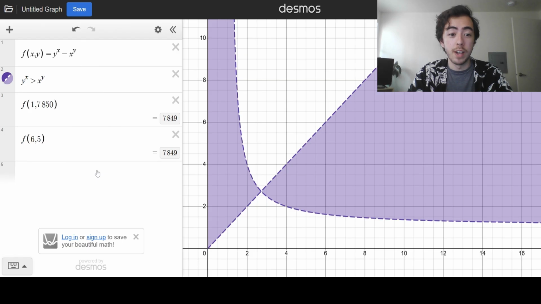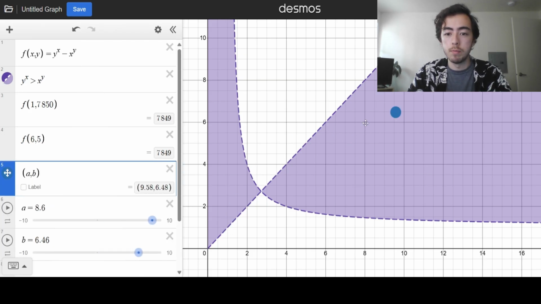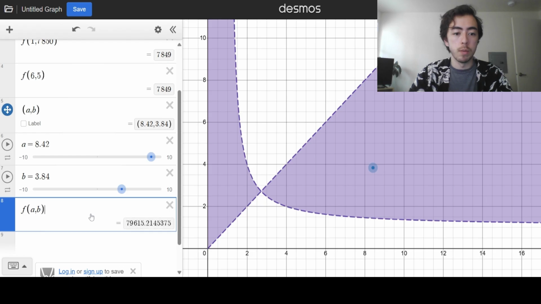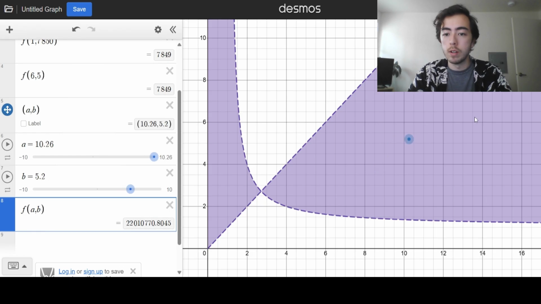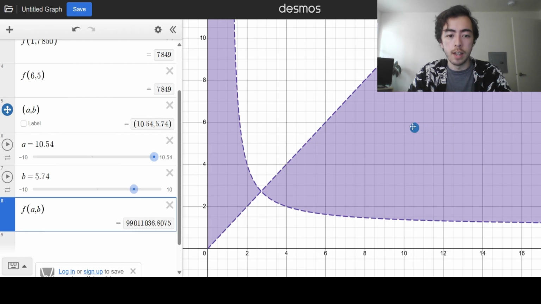So what we could do is actually keep using Desmos to help us guess and check. Desmos helps by putting a point on the graph, and any one of these points we can plug into our function, a comma b. And so as you can see in that corner right here, we can see the value change as I move the point around. So it looks like any number in this C in the middle is just going to be way too big. And it looks like the number is decreasing as I move left.